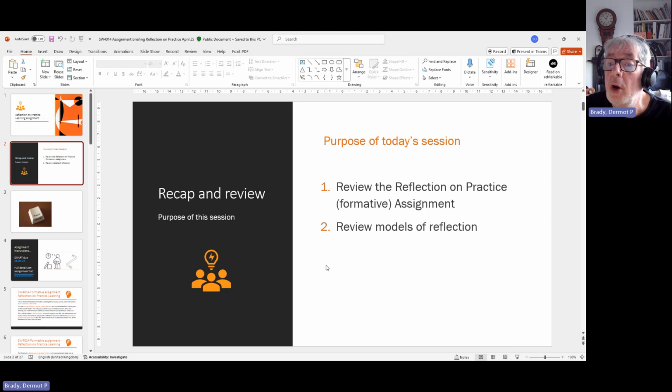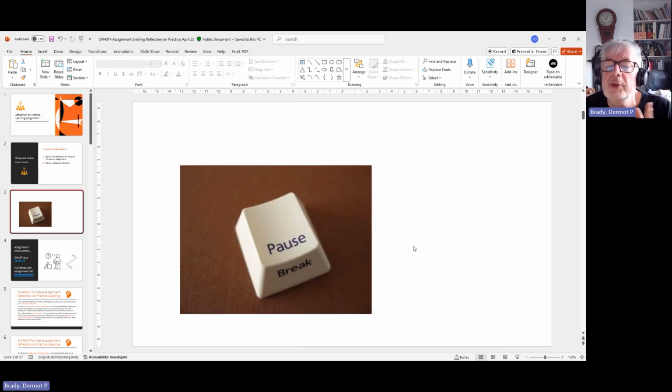So what I hope to do is to review the reflection and practice assignment and just do a little bit, not very much, but a little bit about models of reflection, because this is what we do in social work. It's quite often breakneck speed: do the assignment, do the assessment, do the visit, do the discharge, whatever it happens to be.